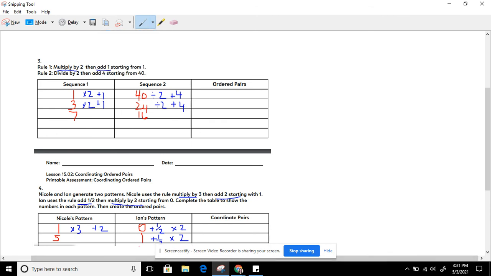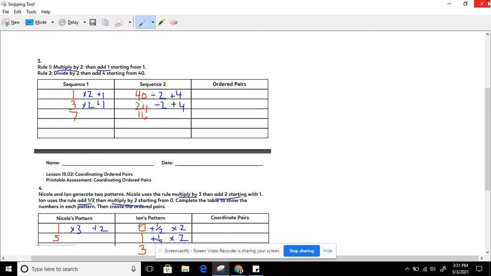So our next number here is 3, and you'll follow that same rule. You'll add 1/2 times 2. So it'd be 3.5 times 2. Okay, so you really could just do 3.5 plus 3.5 when you're multiplying it by 2. And then you'll write the coordinate pairs.